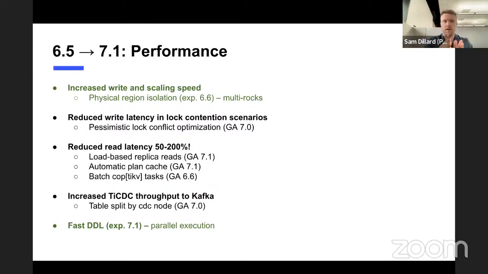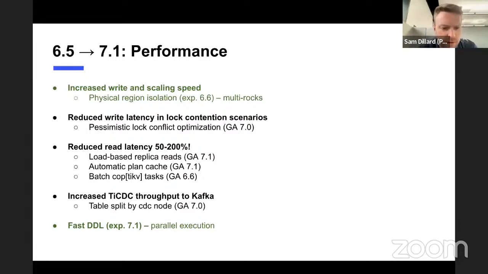So if you have a request to a region of data on a TiKV node and another region of data on a TiKV node and maybe 100 others, all of those, maybe the 102 requests I just alluded to, would be batched into one single gRPC request to the node, which drastically reduces cluster traffic and latency, and increases overall performance quite a bit. And that was released GA in 6.6.